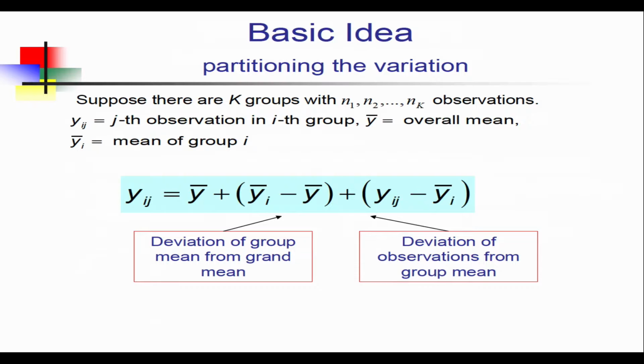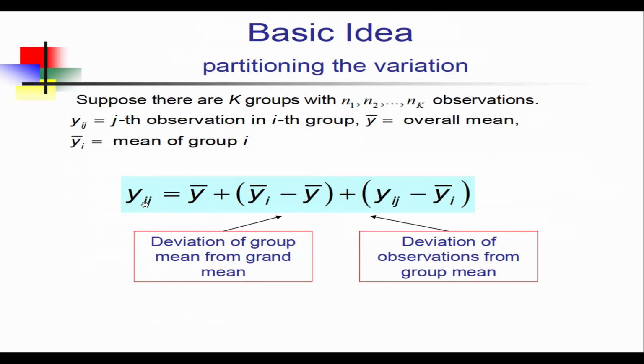Then Y bar is the overall mean across all the samples of those k groups. And Yi bar, with an i here, indexes the ith group. Yi bar is the mean of the ith group.